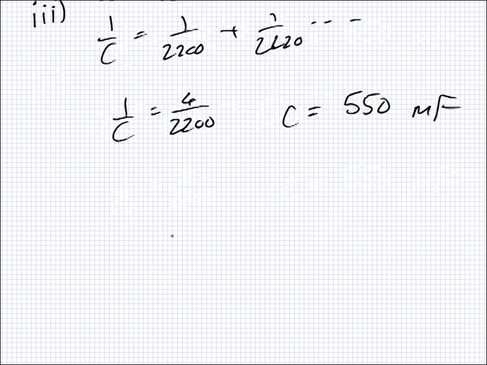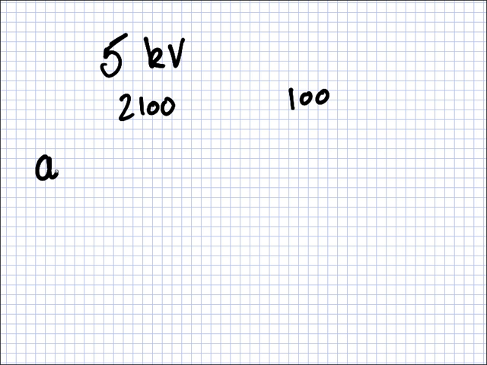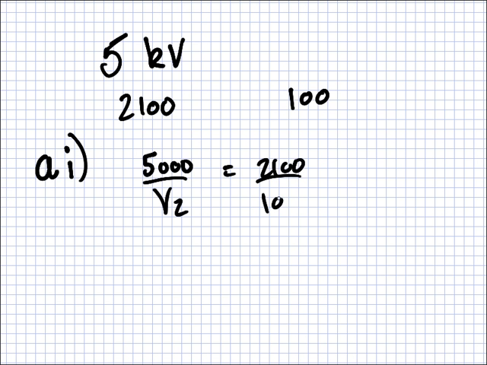A transformer is to be used to step down the voltage supplied from 5 kilovolts. The transformer consists of a primary coil of 2,100 turns around the iron core and 100 turns on the secondary coil. If the voltage across the primary coil is 5 kilovolts, determine the voltage across the secondary. So 5,000 over V2 equals 2,100 over 100.